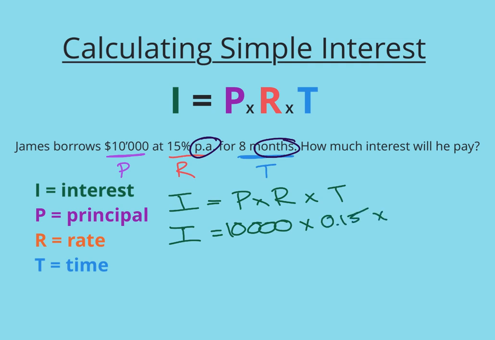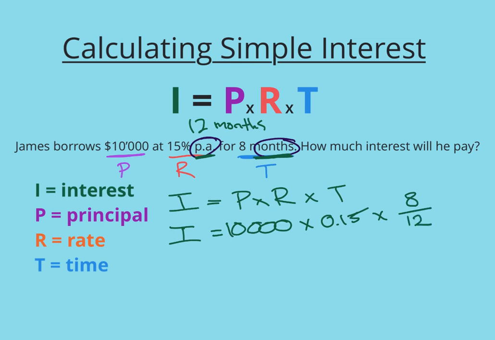And now our time, because our rate is yearly and our time is monthly, what we need to do is write 8 months as a fraction of a year. So how many months are in a year? A year is 12 months. So James is borrowing $10,000 for 8 months out of 12 months.